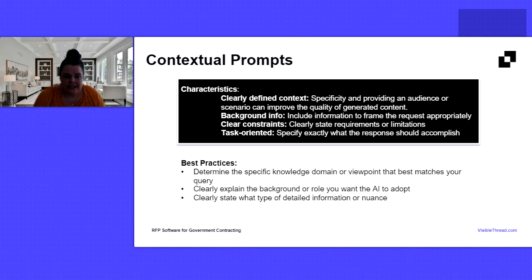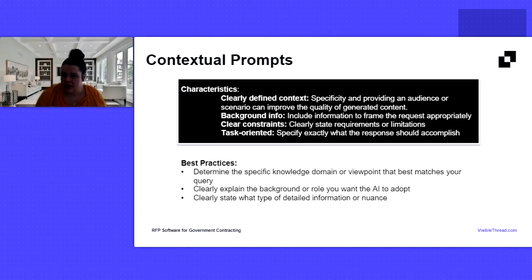So characteristics: we want to clearly define our context, be super specific, and provide an audience and a scenario, which can improve your generated content. In my example prompt, from our power station, we provided a reviewer, so who the document was intended for, but we could add more context on the reason. So this is a yearly safety review, or this is part of an audit.